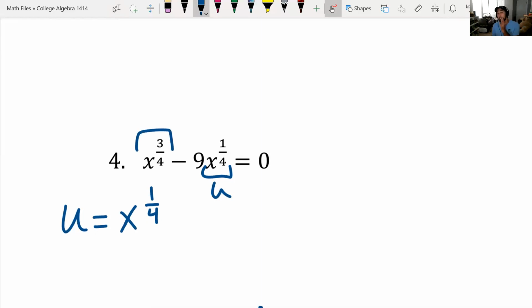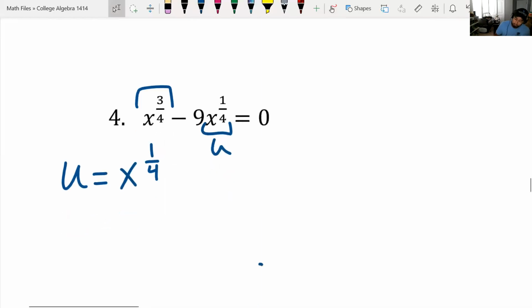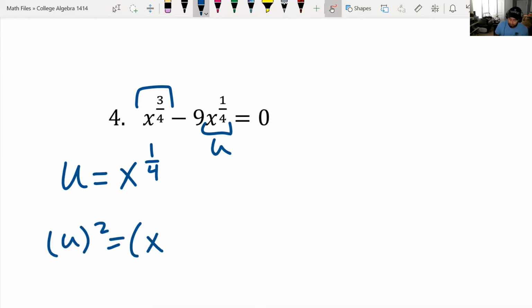We now need a substitution for the leading term. So normally, we would get there by squaring it. But if I square this, we run into an issue.